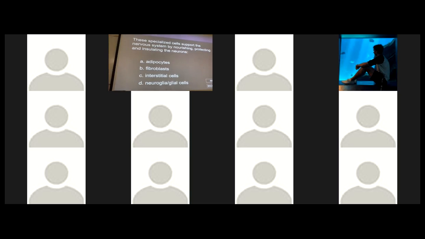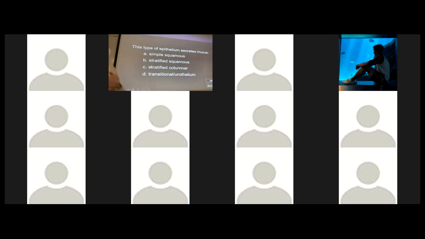Okay, group 4, go back to the games. What do you guys want? Epithelium 500. I like you're going for the high dollar ones. This type of epithelium secretes mucus. Yay, mucus.